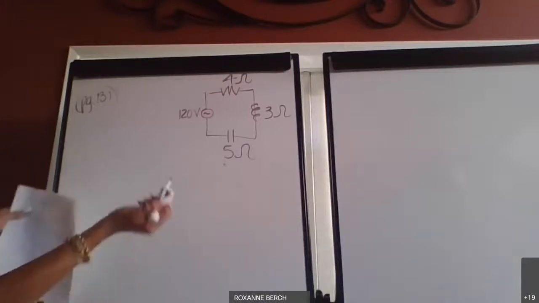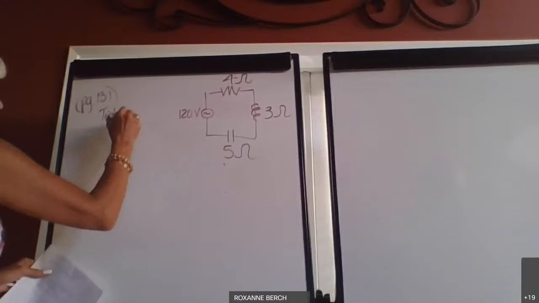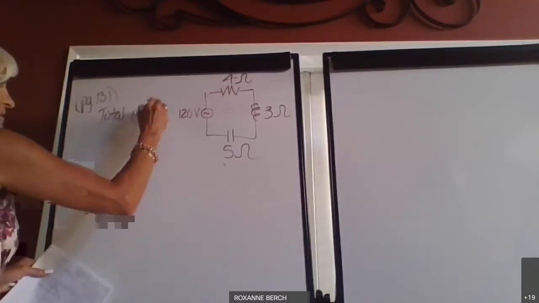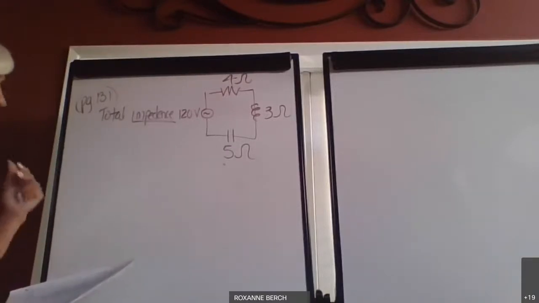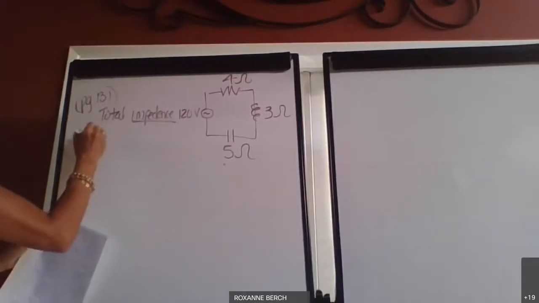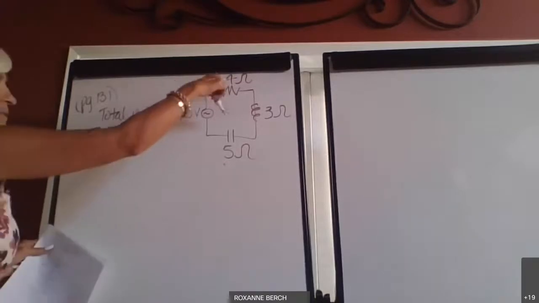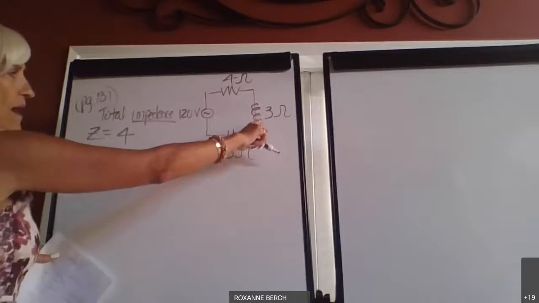So the first thing we did yesterday is we found the total impedance. Now, impedance is resistance. So it's opposition to the flow. So the impedance is denoted by the letter Z, and a total would be the resistor, which is always a real number.